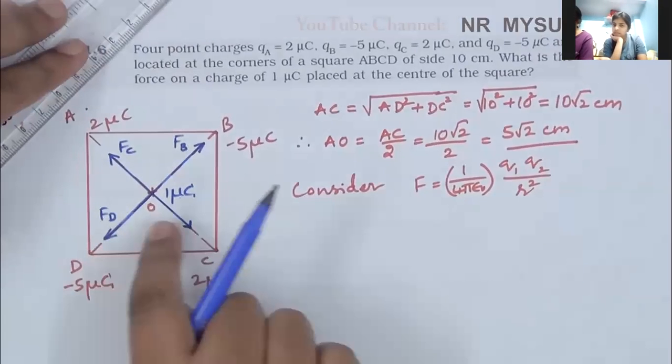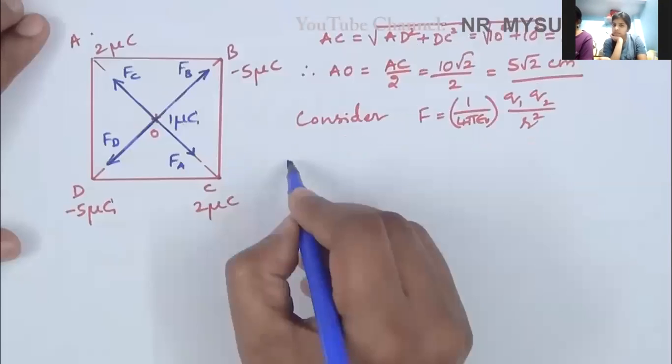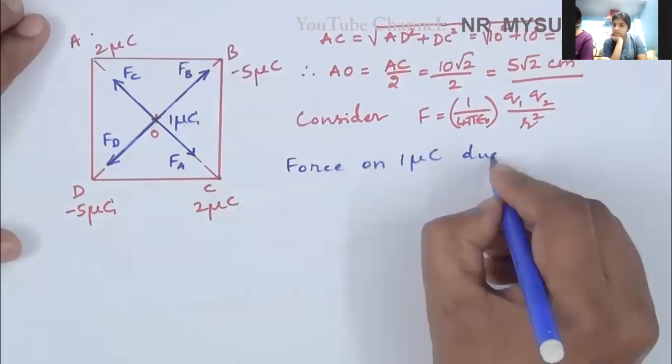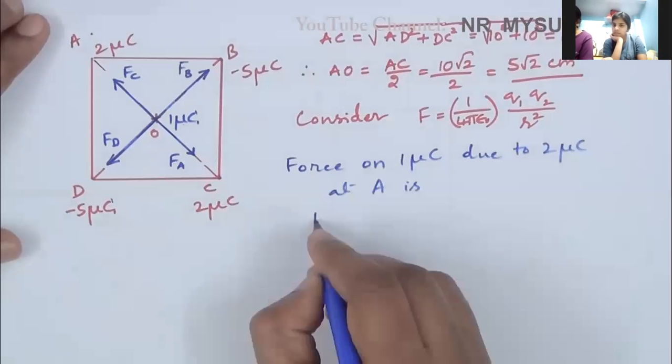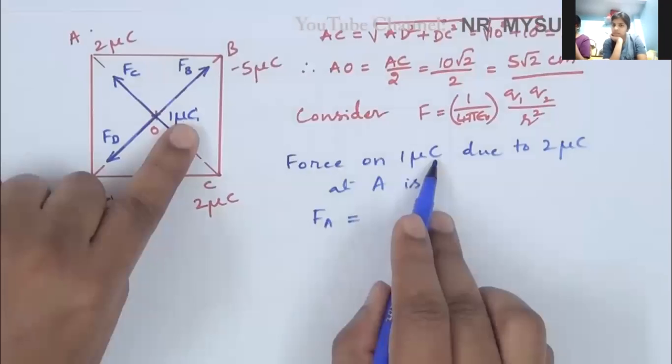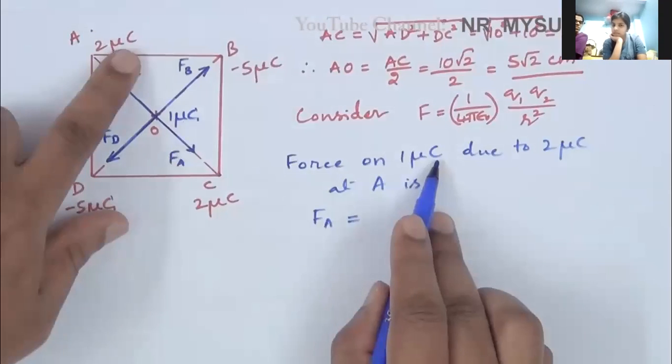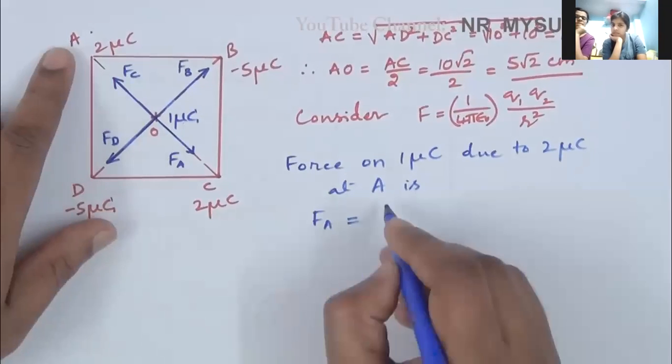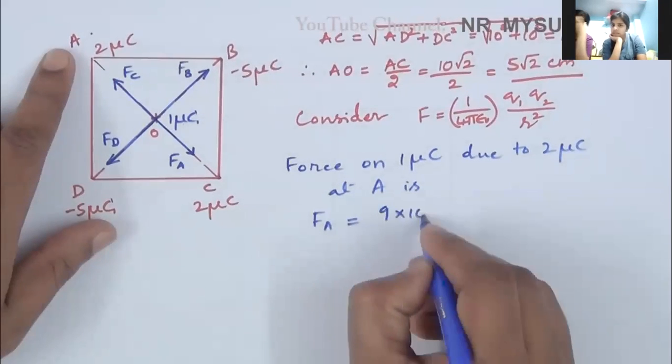Now let us find the magnitude of these forces. Force on 1 microcoulomb due to 2 microcoulomb at A, let us denote it by FA. 9 × 10^9 is the constant.